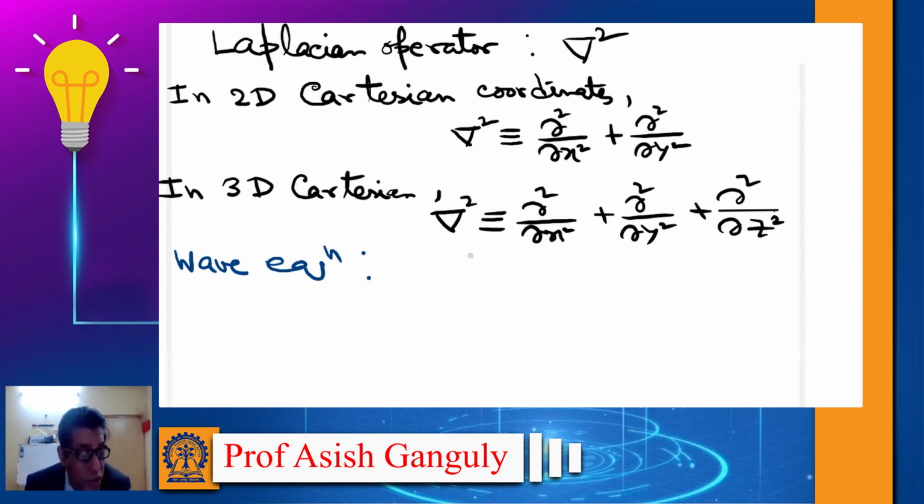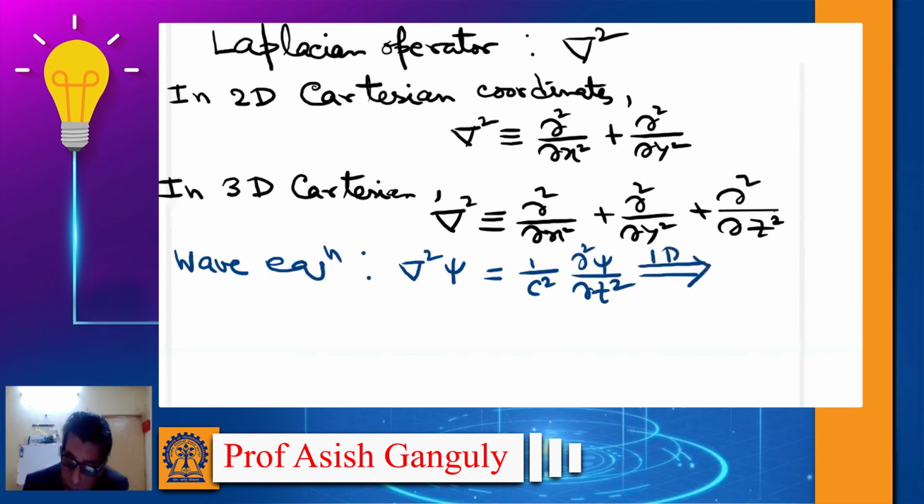The wave equation can be written like del square psi equal to 1 by c square del square psi by del t square.